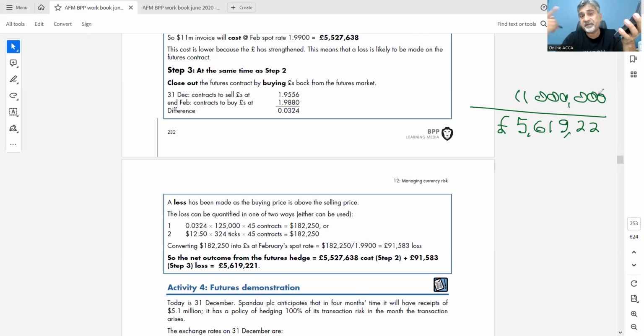I want to see the effective rate. So actually, I'm ending up with 1.9575. This is my effective rate.